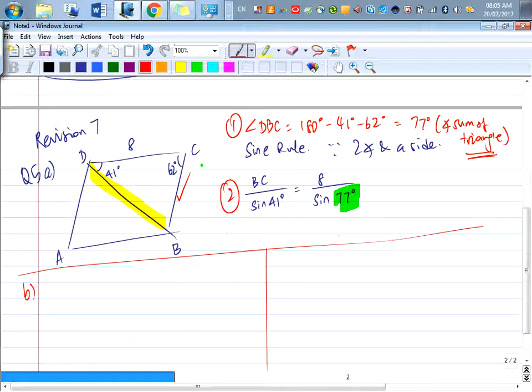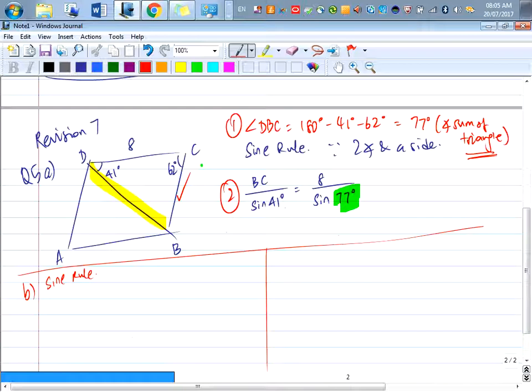Winnie Wong, what did you choose? Sine rule. Okay, she chose sine rule. Is it the two angles and a side or two sides and non-included angle? Based on two angles and a side that is given, or based on two sides and non-included angle? Don't know.